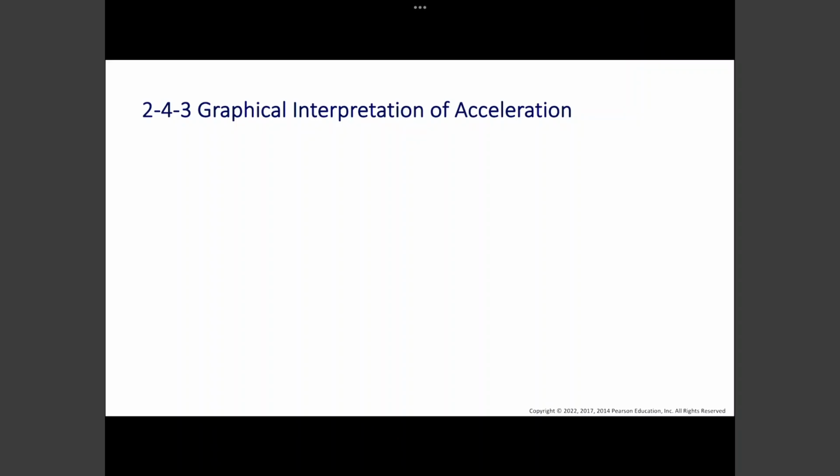To see how acceleration can be interpreted graphically, suppose a particle has a constant acceleration of minus 0.50 meters per second squared. That means that the velocity of the particle decreases by 0.50 meters per second each second.